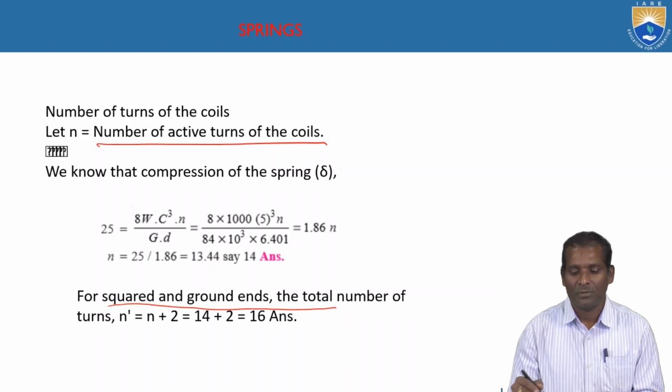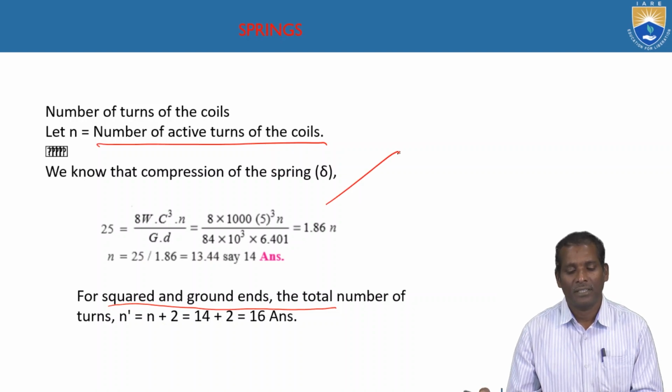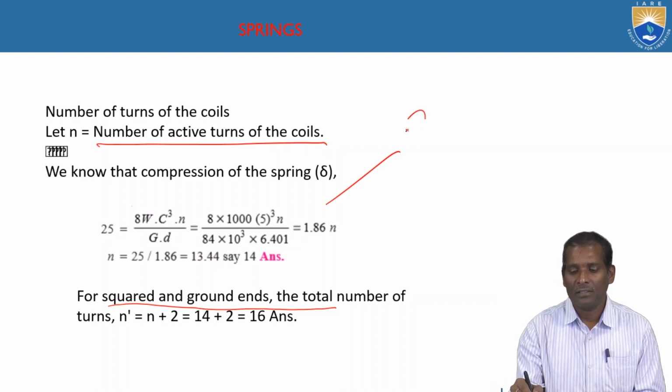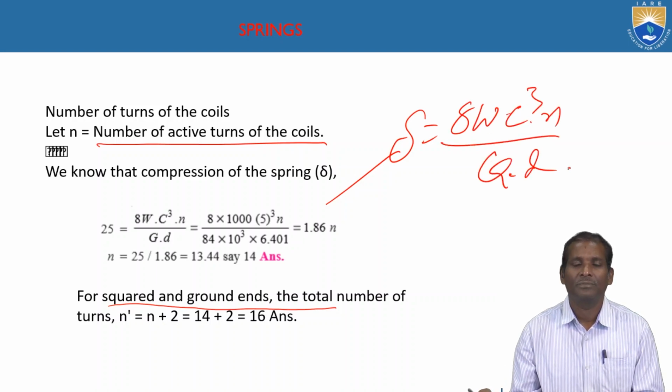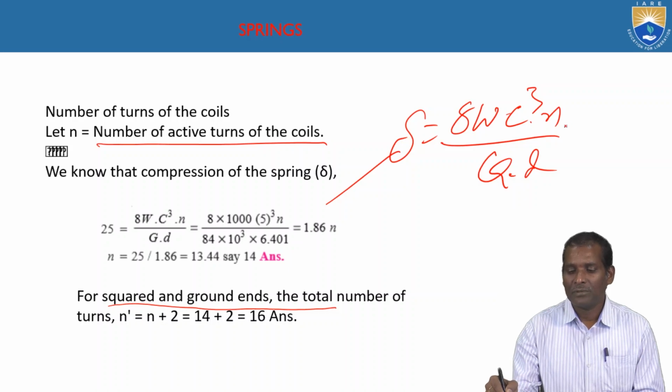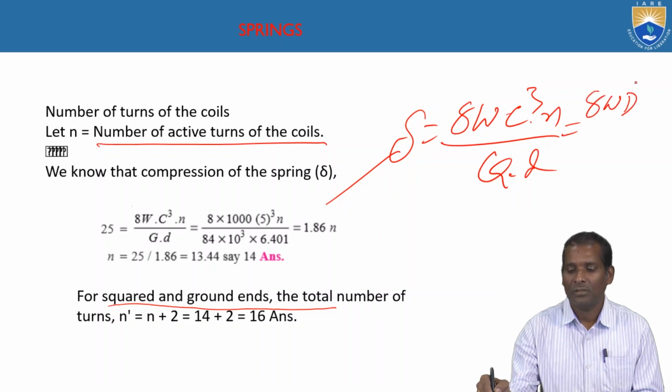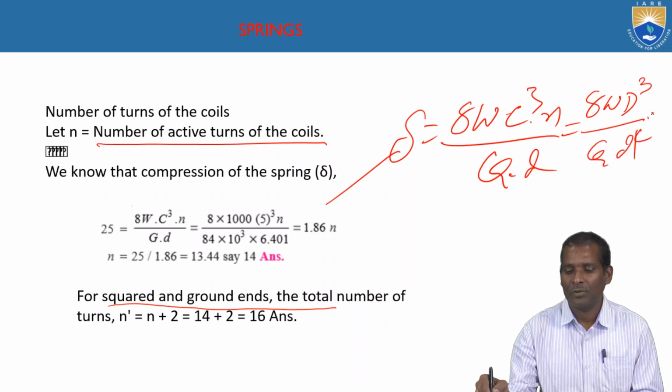So that's why first use this equation, delta is equal to 8WD cube N by G d to the power 4, or in terms of capital D or small d.